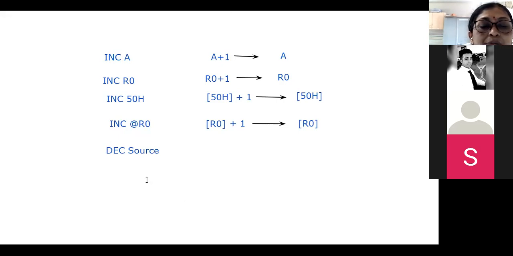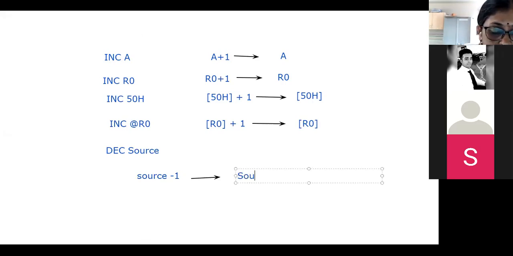Decremented by 1 means its contents are subtracted with 1, and the result is stored again in that source only. So the result of execution of this type of instruction will be source minus 1, and this source minus 1 will be stored in the source only.